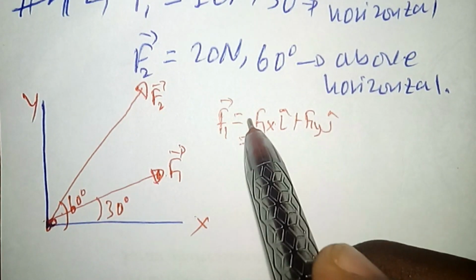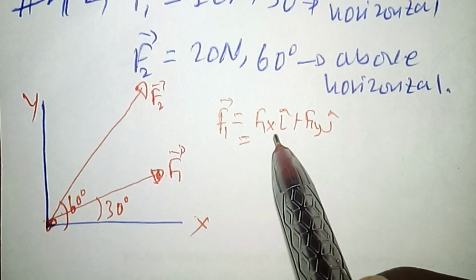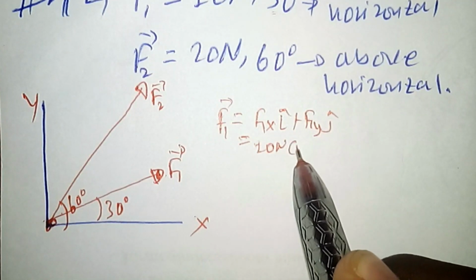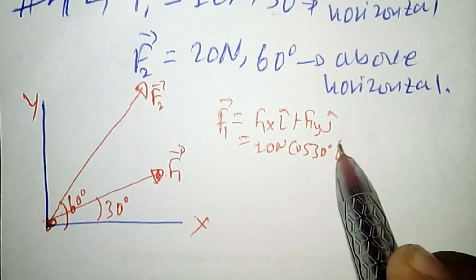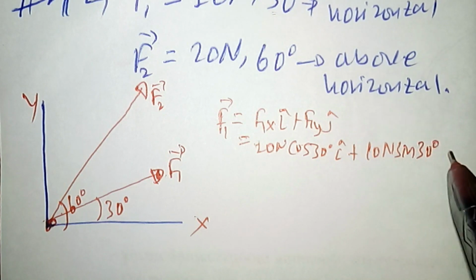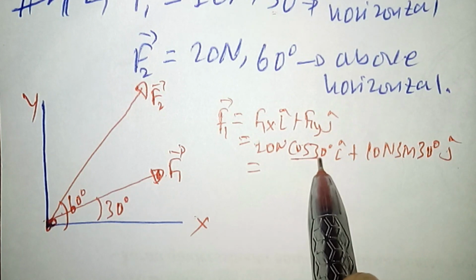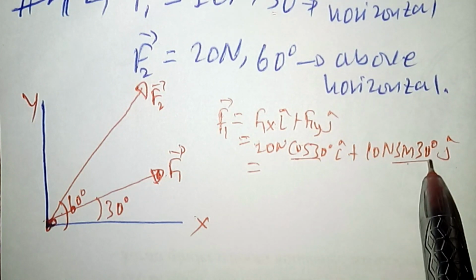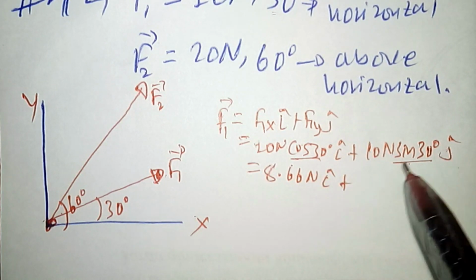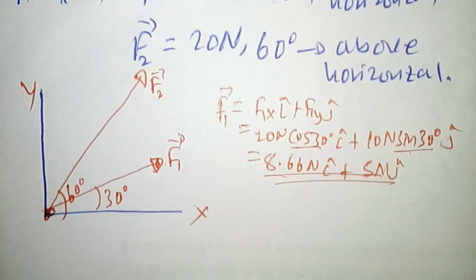F1x is the magnitude of F1 times the cos of the angle 30 degrees, which is 10 Newton cos 30 degrees i plus 10 Newton sine 30 degrees j. Cos 30 degrees is 0.866 and sine 30 degrees is half. So this is 8.66 Newton i plus 5 Newton j. This is the component of force 1.